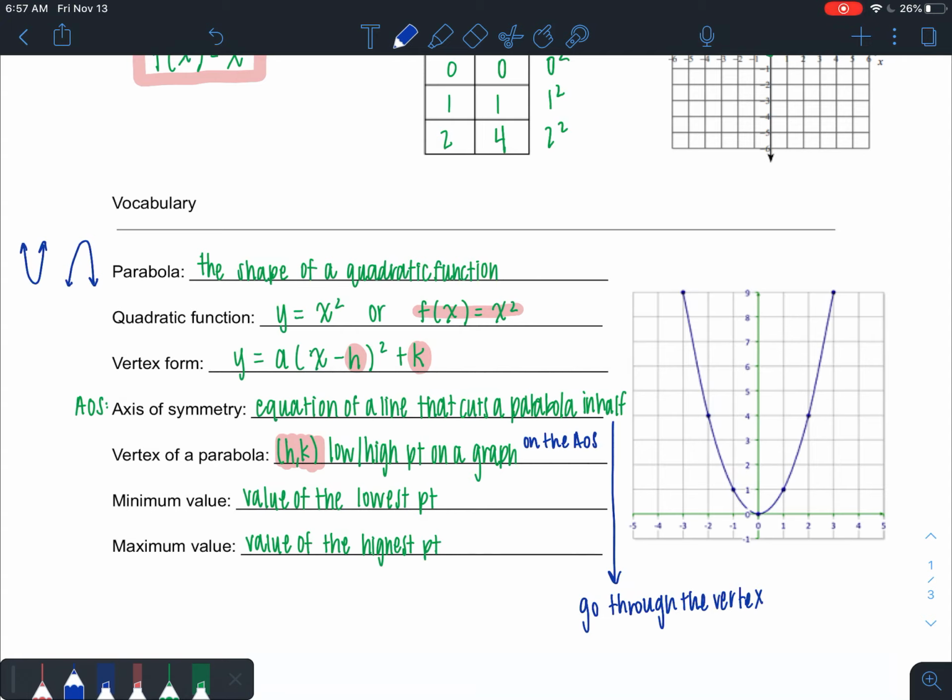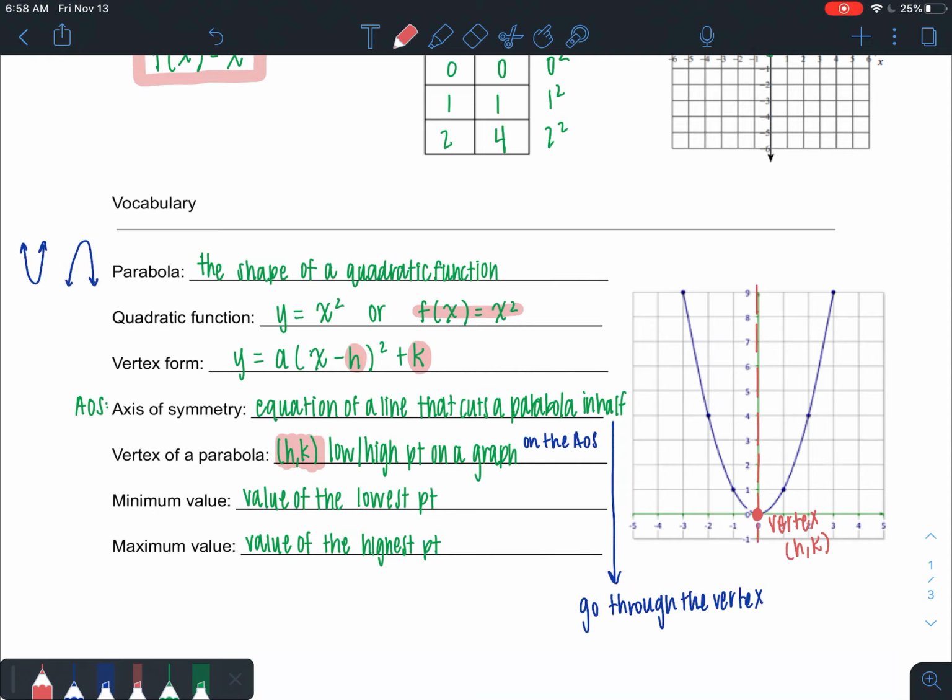A minimum value is a value of the lowest point, and a maximum value is a value of the highest point. So I'm going to take this graph over here and label some things. This low point right here, that is what we call our vertex, and we label it h, k. And then our axis of symmetry is this line.